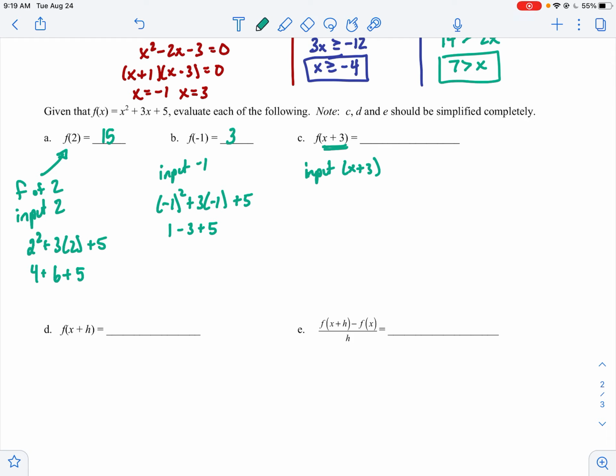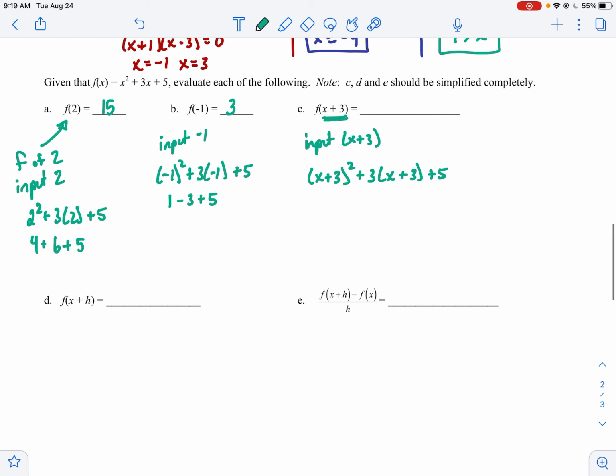That's all this notation means, right? So this is just saying you're going to replace x with x plus 3. So everywhere there was an x in the function, it got replaced with x plus 3. So that's really all it's saying to do.